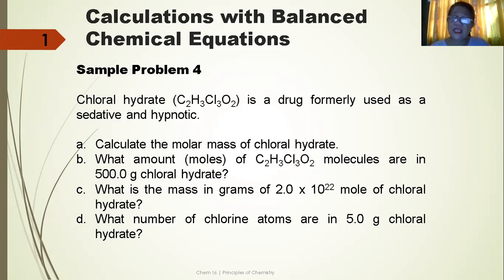Then letter C is what is the mass in grams if you have 2.0 times 10 to the power of 22 moles of chloral hydrate. And finally, what is the number of chlorine atoms present in 5 grams of chloral hydrate?